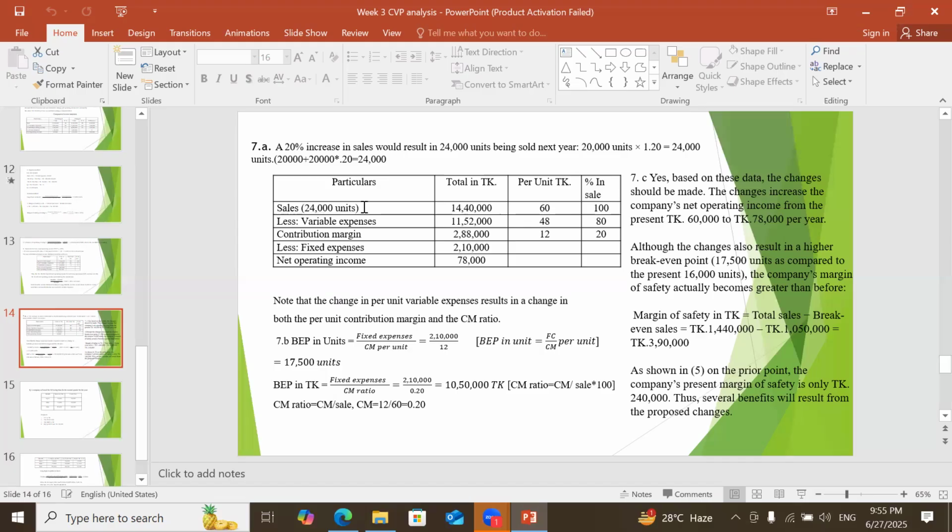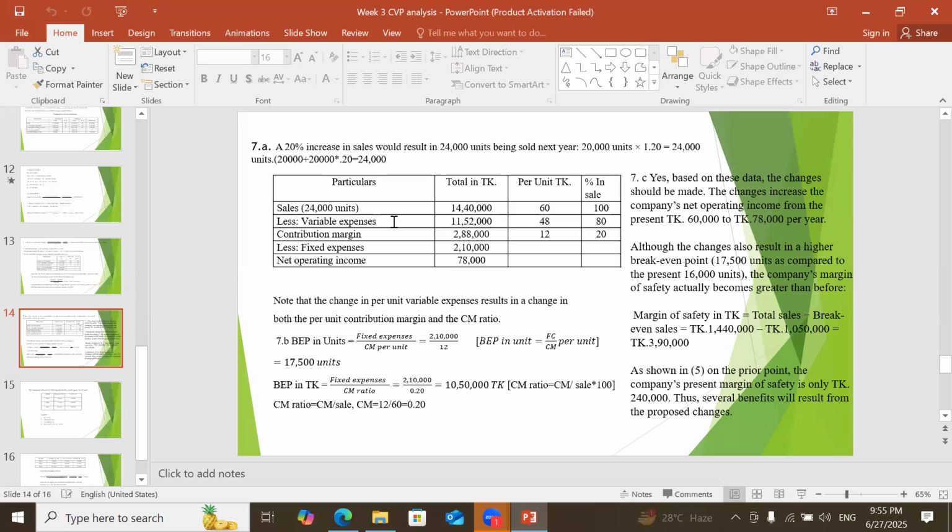At first sales 24,000, and per unit 60. Then total 14 lakh 40,000. Variable cost you have to find out the same as we showed before.